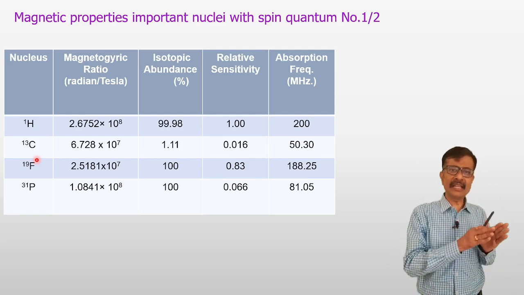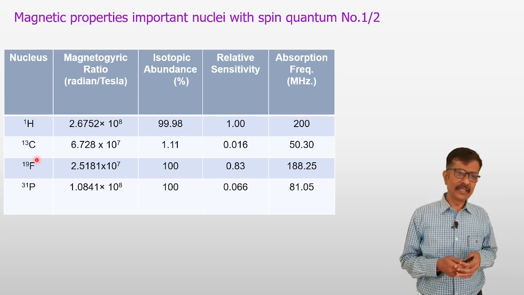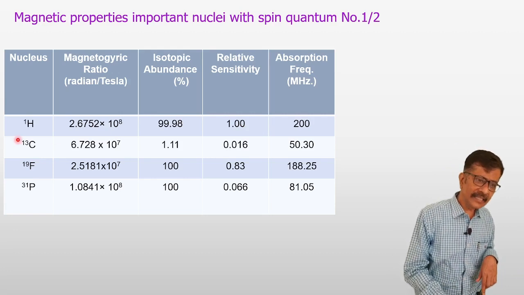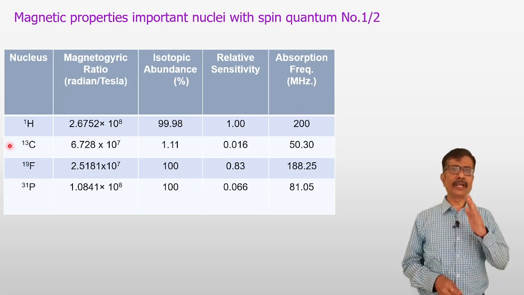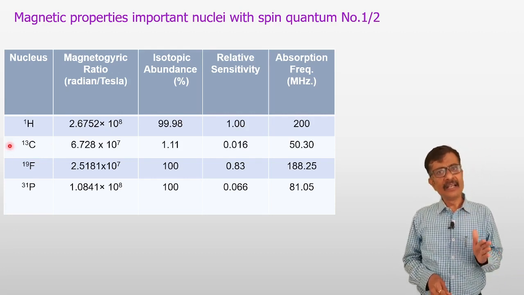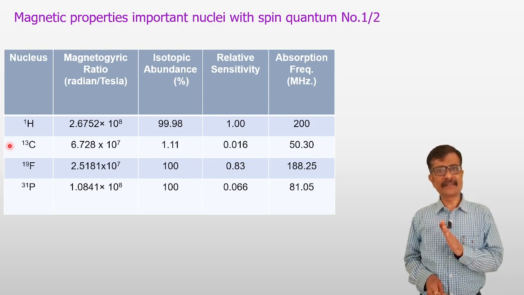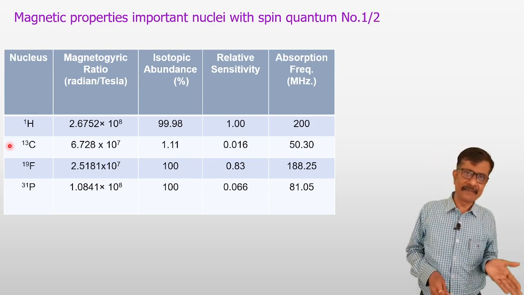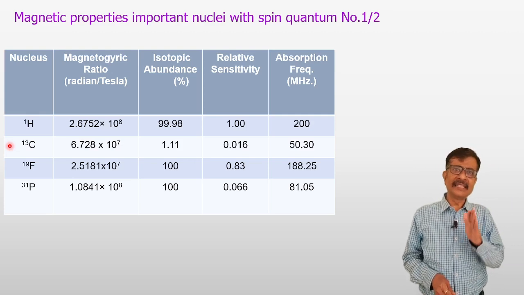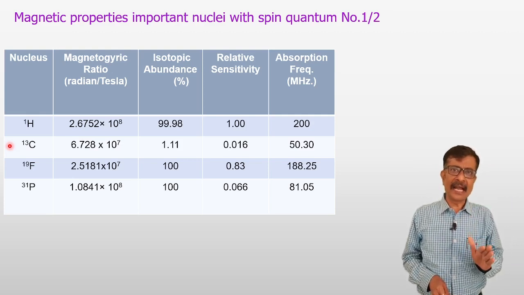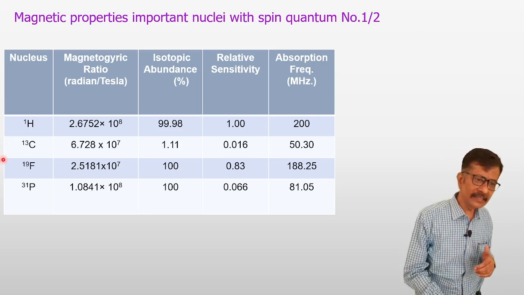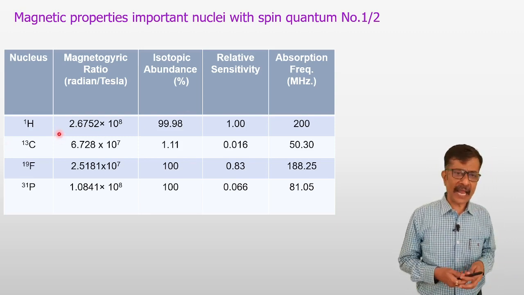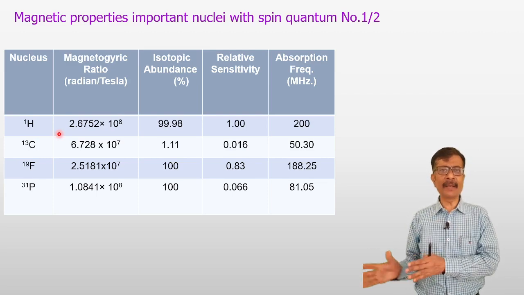So C12 is not NMR active. But on the contrary, C13 is NMR active because in C13 the atomic number is 6 but the mass number is 13, because it has 6 protons and 7 neutrons. That's why the mass number is 13 and it is NMR active with half spin quantum number.